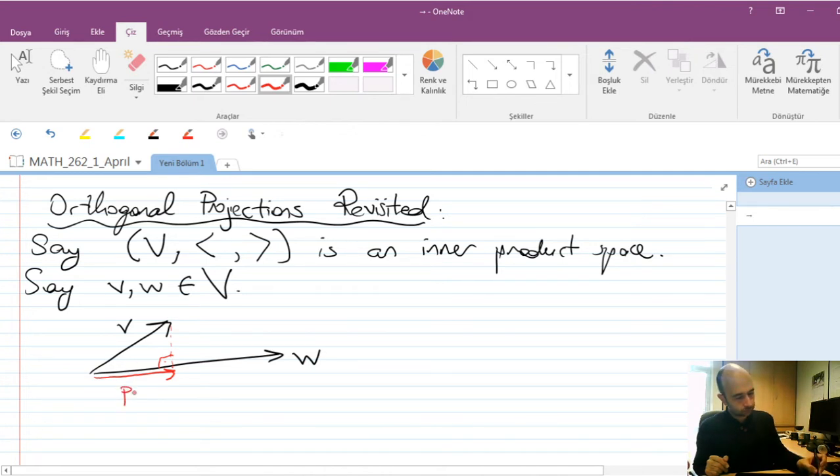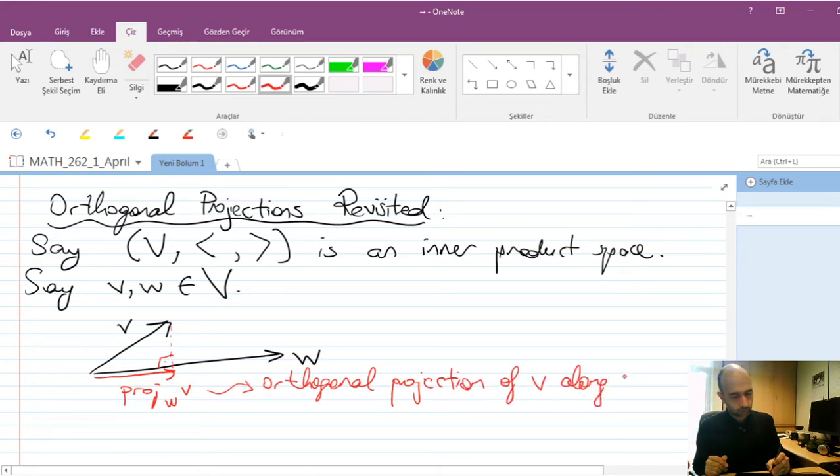I'll call this proj_W V. This is the orthogonal projection of V along W. This is what we want to think about.